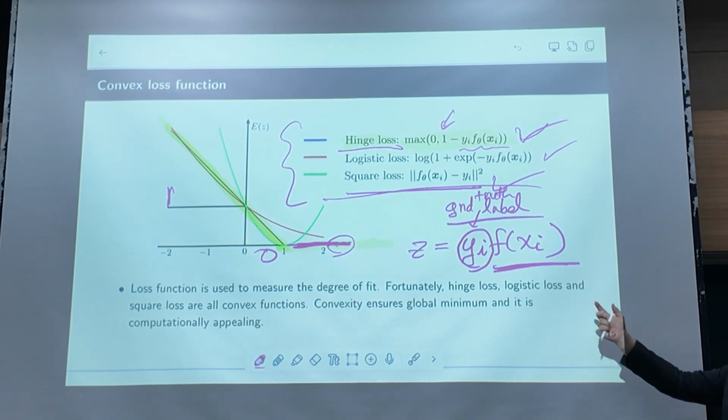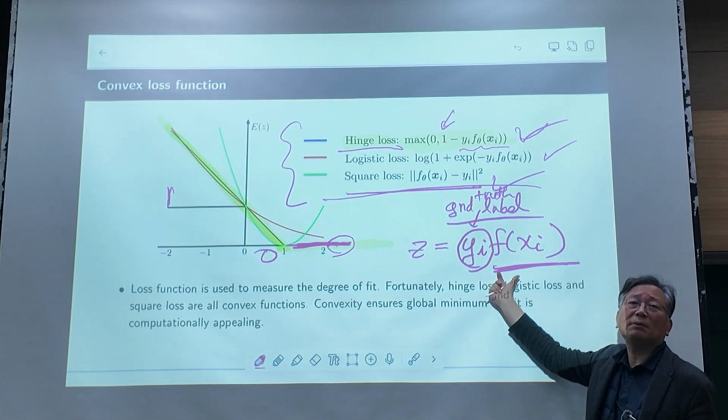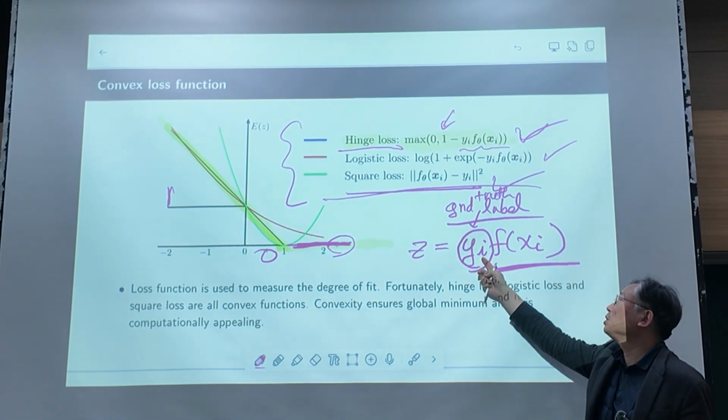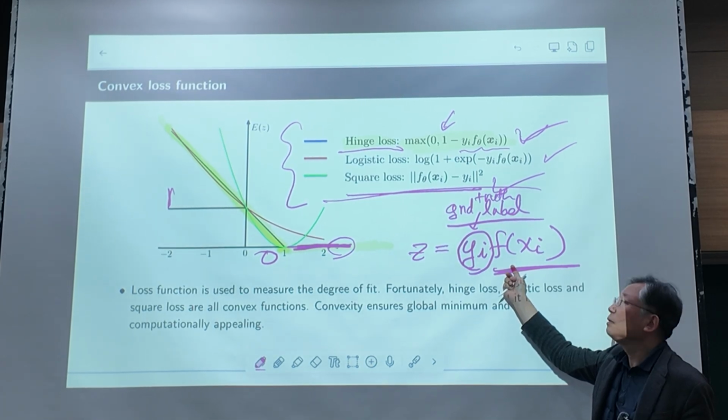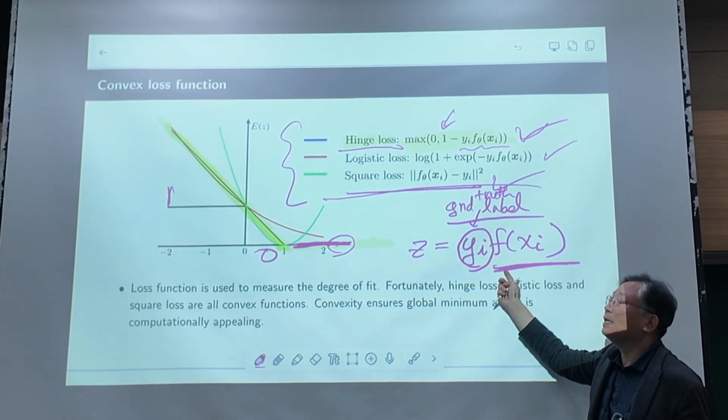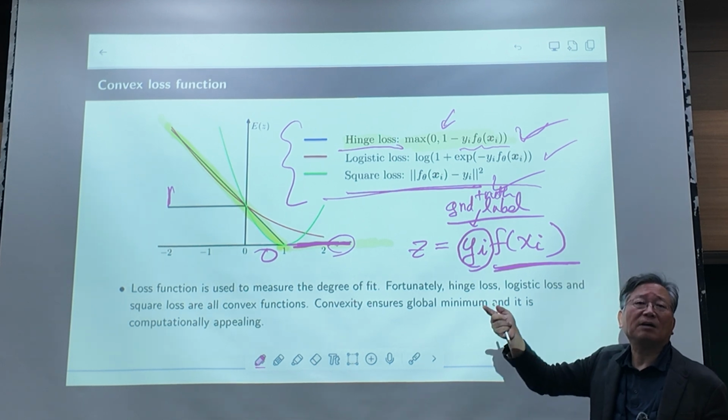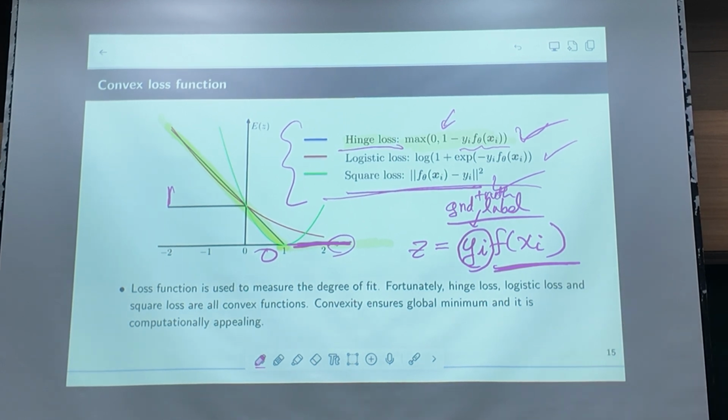But if they are in disagreement, this one is positive and this one is negative, then this value will be a negative value. And you got another negative value. So that's positive, so the maximum will be this value right here.